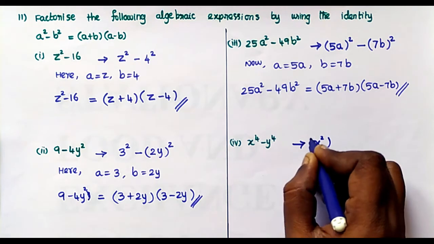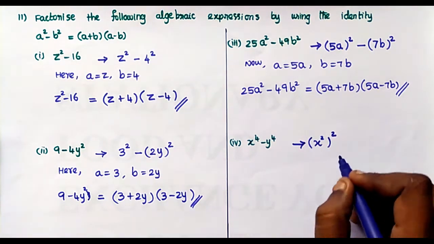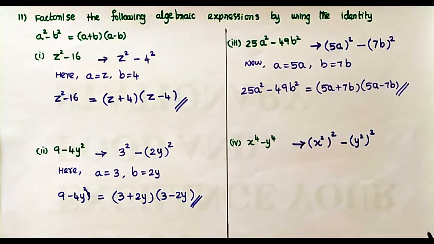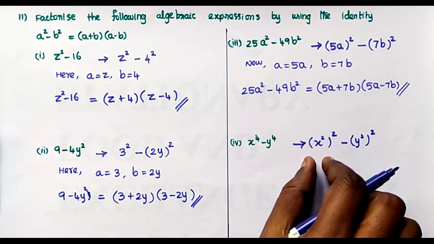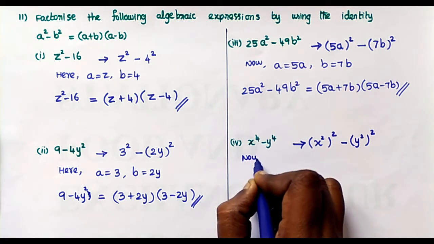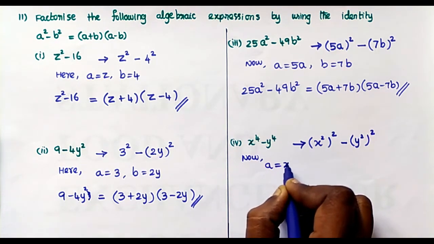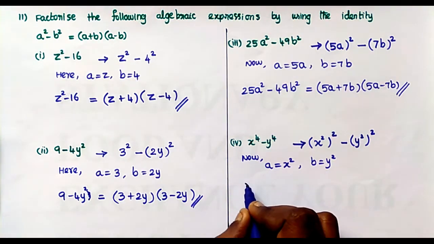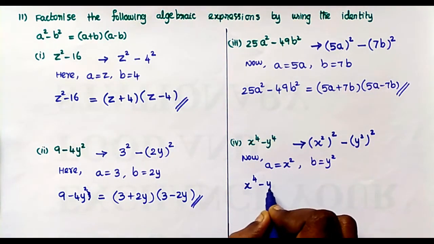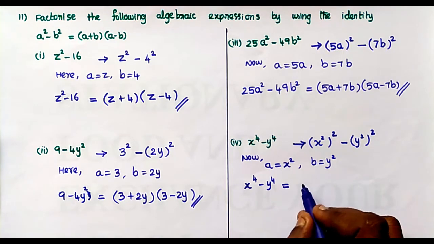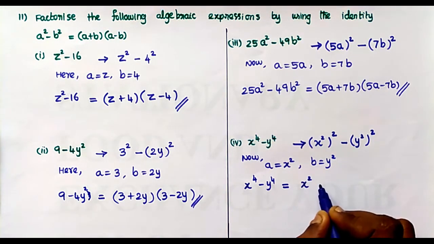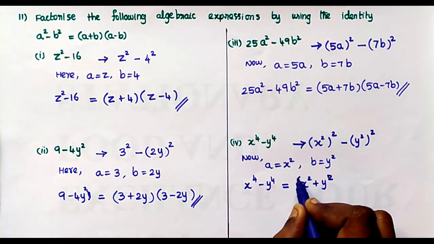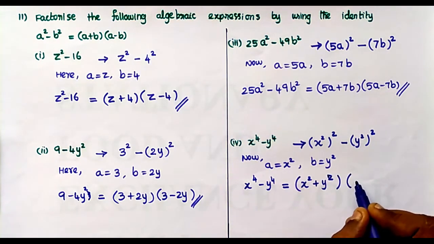(x squared) whole squared minus (y squared) whole squared. Listen, now a equal to x squared, b equal to y squared. Now x power 4 minus y power 4 is equal to (a plus b) into (a minus b).